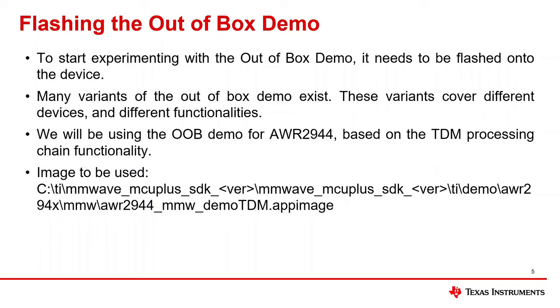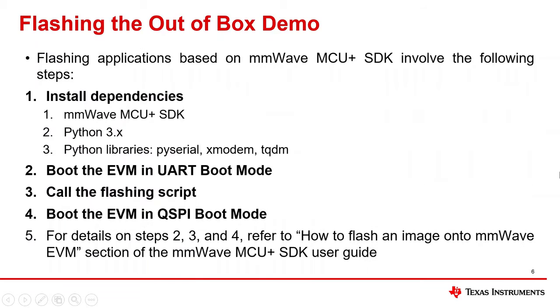We'll be using the out-of-box demo with AWR2944 in this hands-on session, and the functionality we'll be using will be the TDM processing chain. This is the same chain that was used with the first generation devices. On the basis of this, we select this image to be flashed. The location can change based on the exact version of the SDK being used.